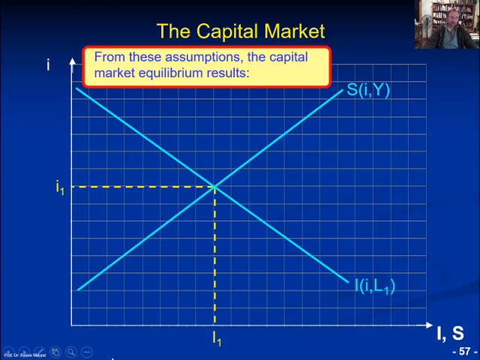Therefore, given the equilibrium interest rate, savings at this interest rate is equal to investment credit demand at this interest rate level.